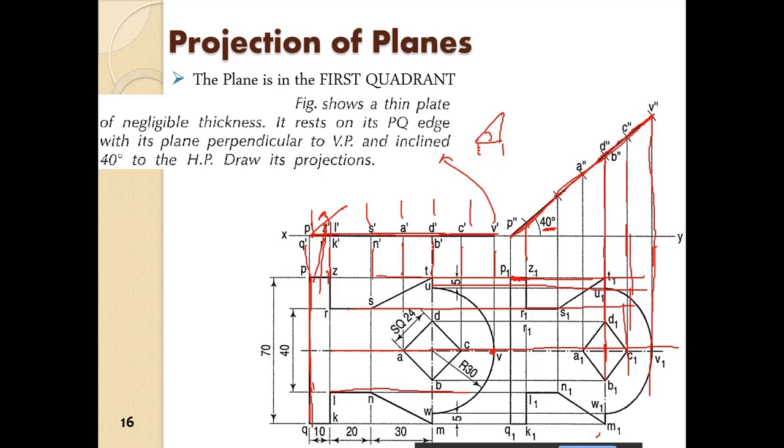So this length P1Z1 is equal to P dash Z dash cos of 40. Okay, so that is why it changes. There is some decrease in the length. Okay, that is of course in mathematical terms. I'm just explaining the concept through various means.